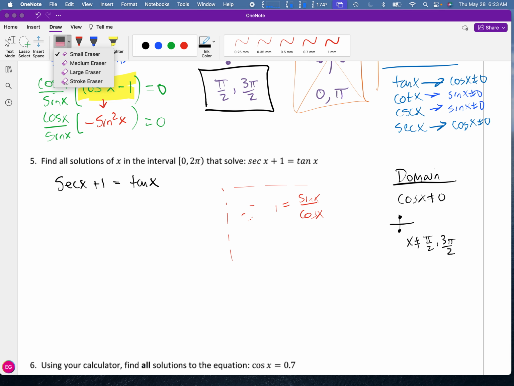And honestly, this strategy comes from experience and recognizing things. So let me tell you what I'm recognizing here so that you can get where my brain's at. I'm looking at this, and I say, hey, I think I have an identity that involves secants and tangents.